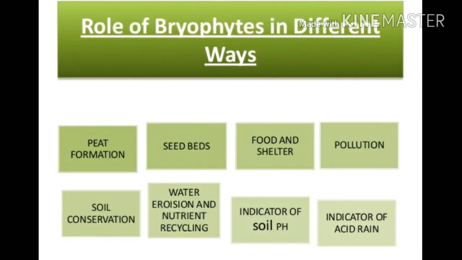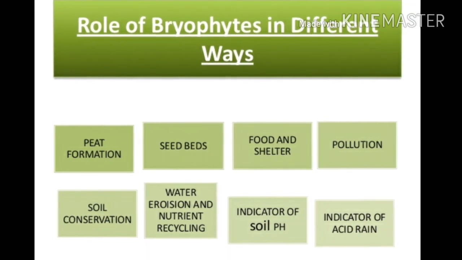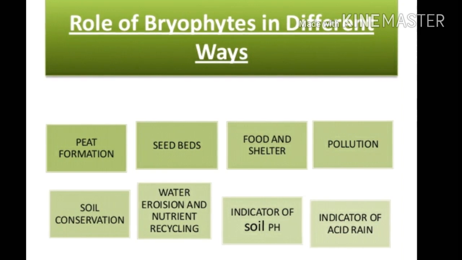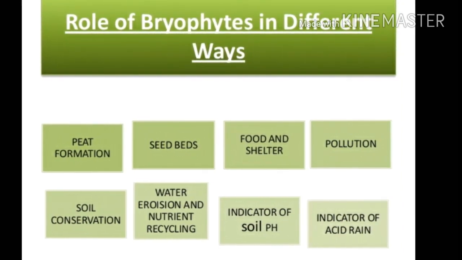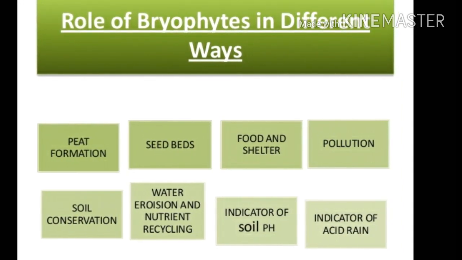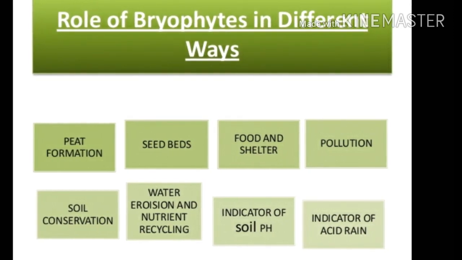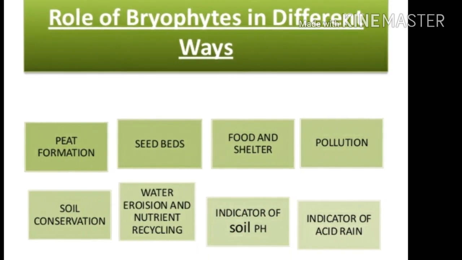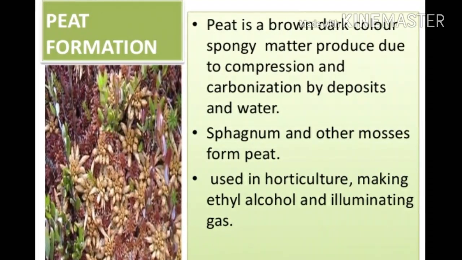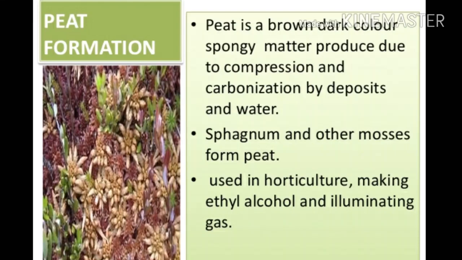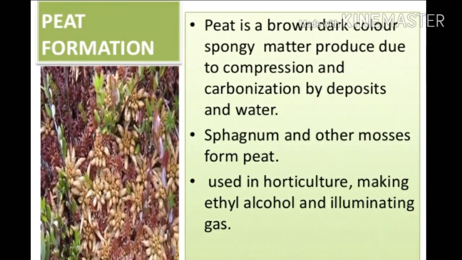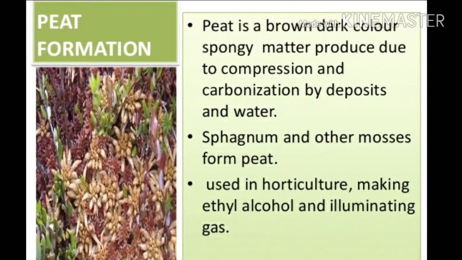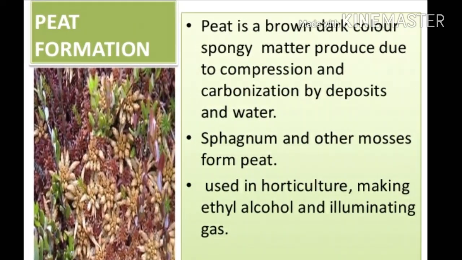The roles of bryophytes in different ecological ways are: peat formation, seed beds, food and shelter, pollution, soil conservation, water erosion, nutrient cycling, indicator of soil pH and indicator of acid rain. The first one is peat formation. It is a brown-dark, spongy matter produced due to compression and carbonization by deposition of minerals and water.